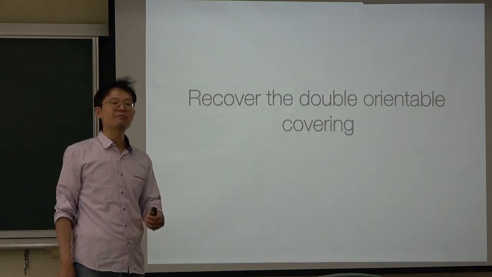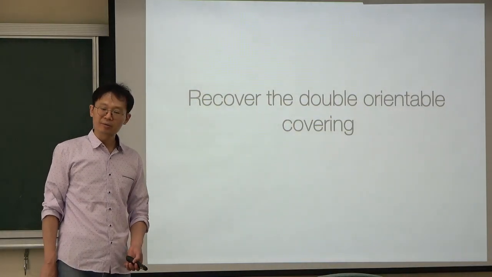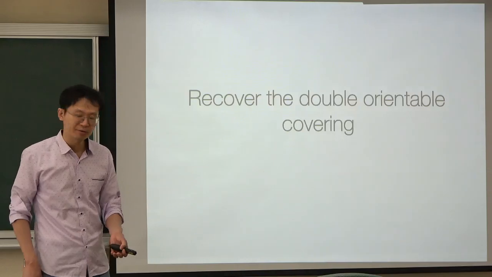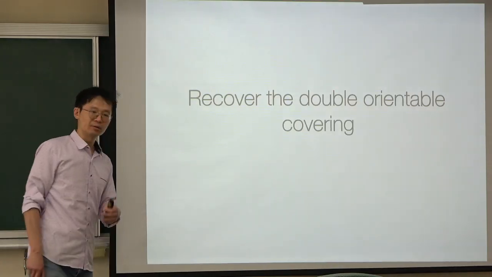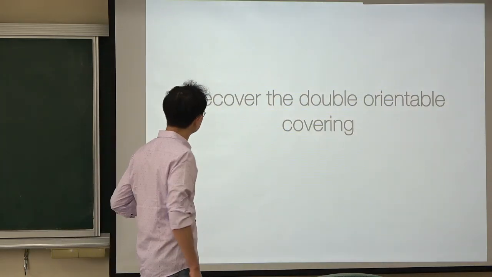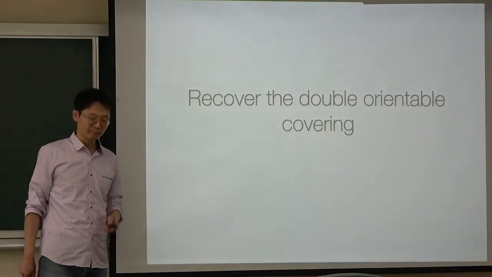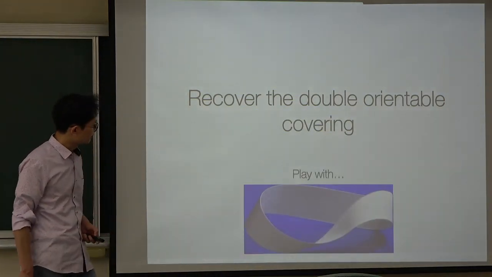Very good. So now we have a way and an explanation of why we can discover or understand the orientation. Next, we want to discuss another thing called recovering the double covering. How to recover a double covering.